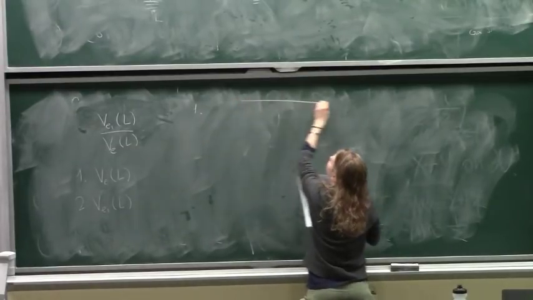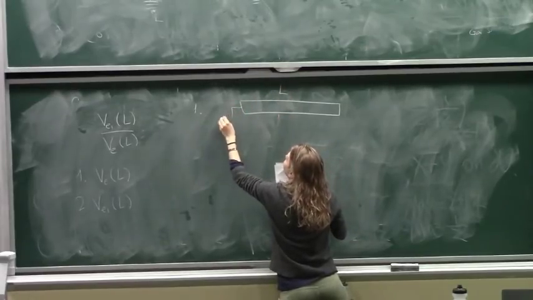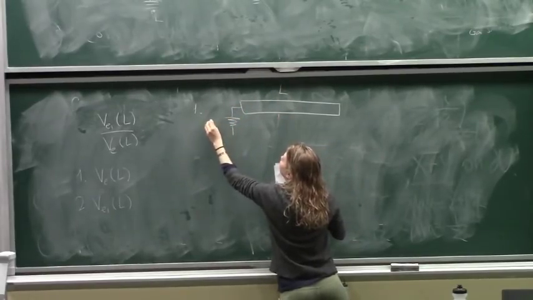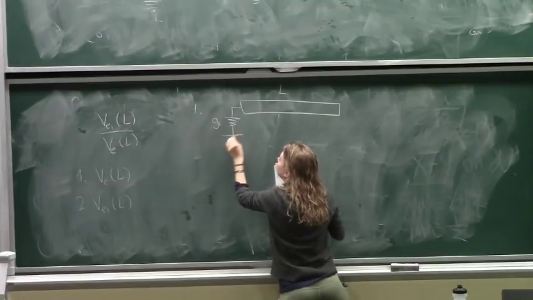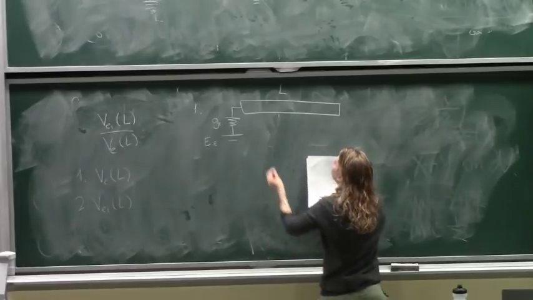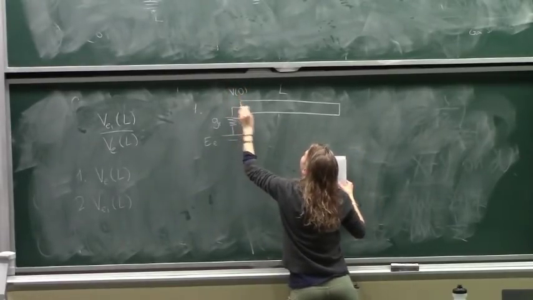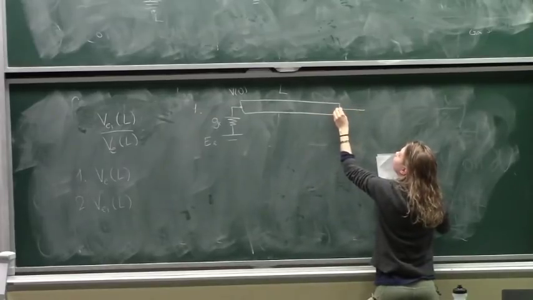This just turns into a cable of length L with a resistor here with conductance GE and a voltage source, EE. This is point 0, this is point L.